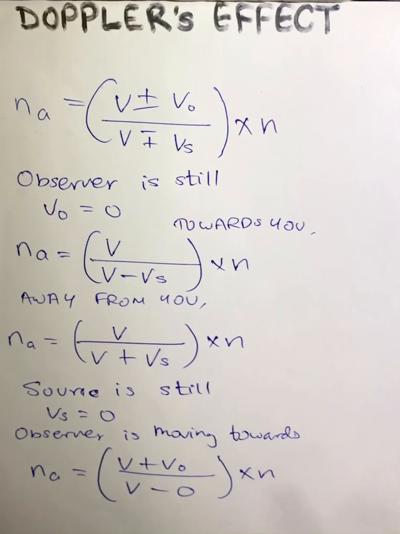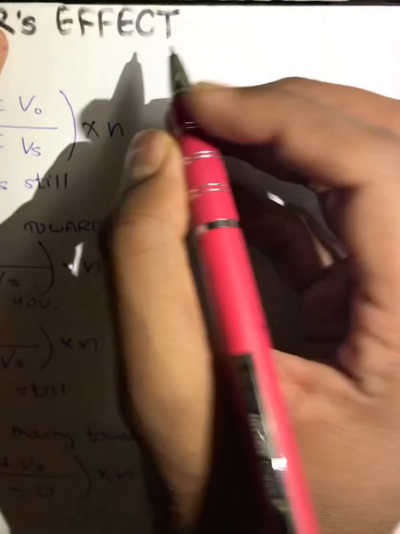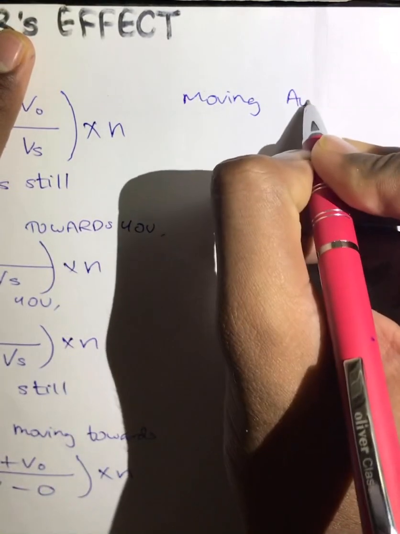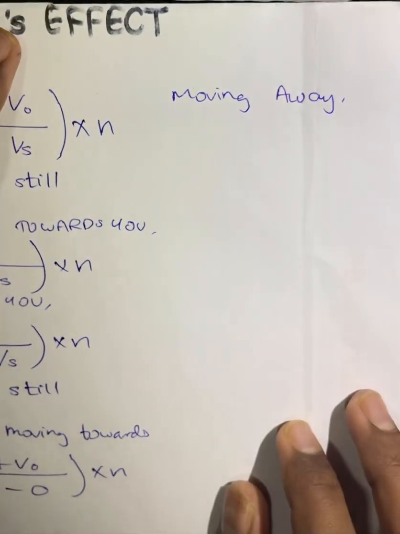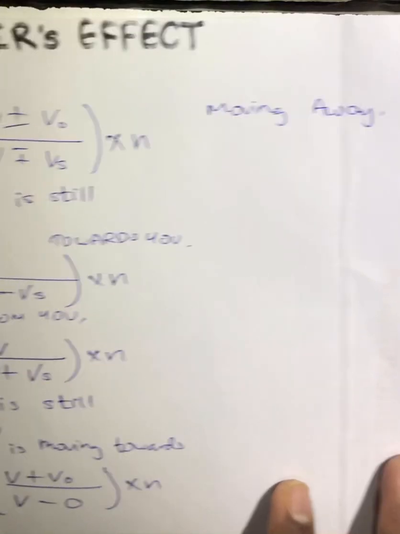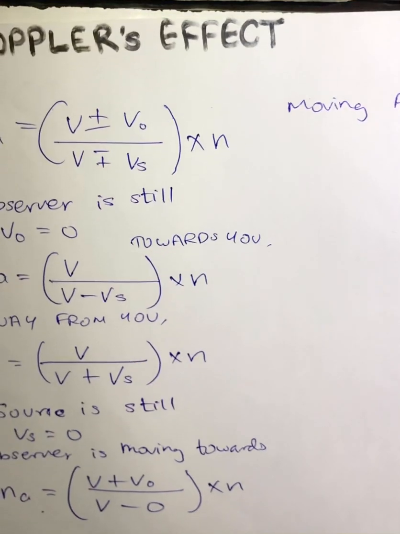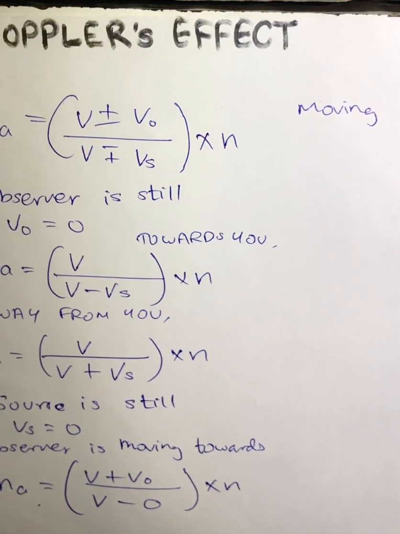Now the source is again still and the observer is moving away. Suppose the train is standing at one position and is continuously blowing its whistle, and you are moving away. As you move away, you hear a lesser sound, because the frequency is decreasing.